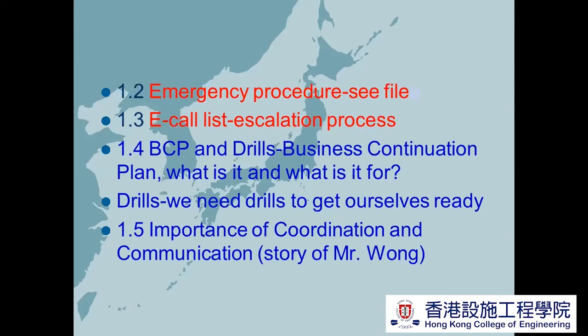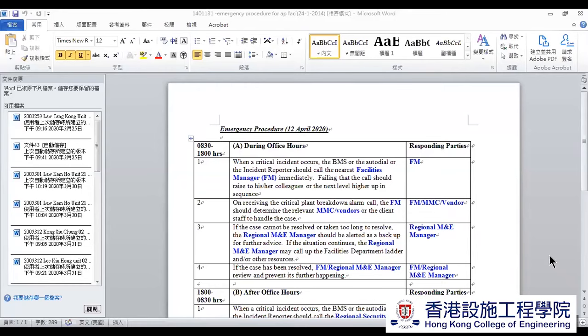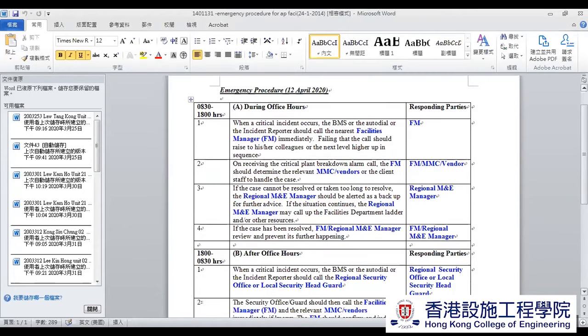Now my second thing is to look at the emergency procedures. So let me go out here and open a file. All right. So this is the emergency procedure which I produced almost 10 to 15 years ago, and emergency procedures normally consist of two periods.